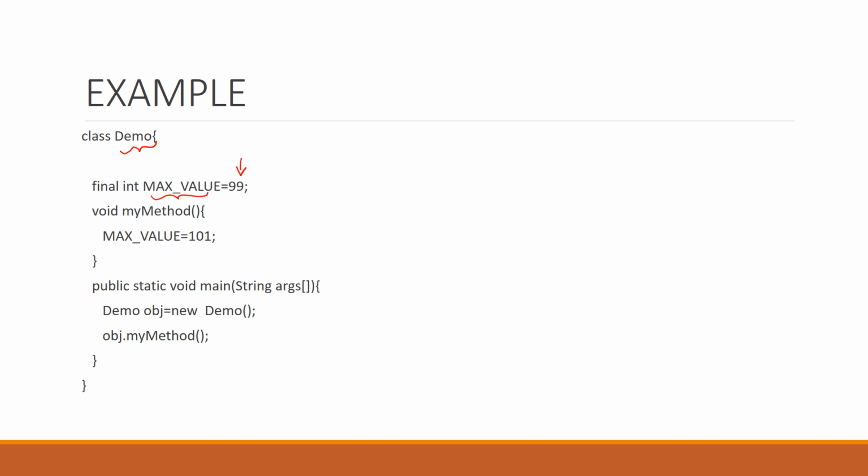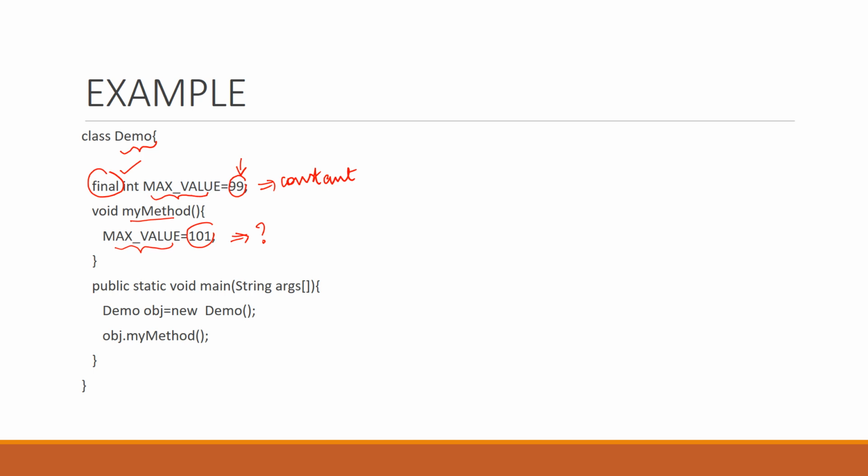And again we are creating a method called my method, and inside this method we are again declaring max value is equal to 101. Here we have already declared max value is equal to 99 using the final keyword. But again we are changing it to max value is equal to 101. Is it possible? No, right. Once a variable is declared as final, then it cannot be changed. It should remain constant. That is the concept.